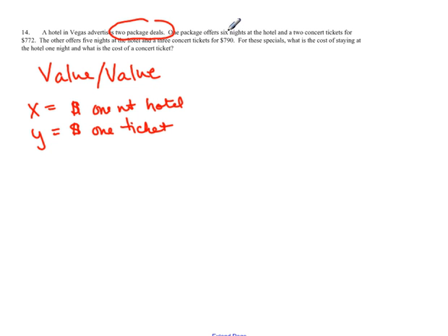Package 1 says six nights at the hotel and 2 concert tickets for $772. So that means 6 times X, because 6 nights, plus 2 times Y, because 2 concert tickets at the cost of Y each, is going to equal a total of $772. That's package 1, that's value 1.